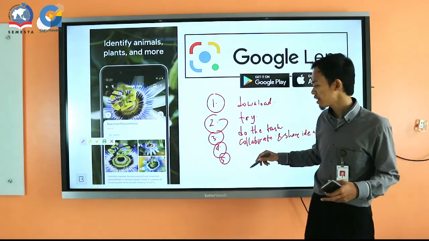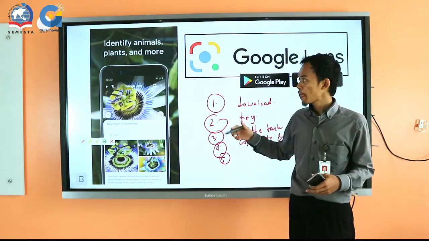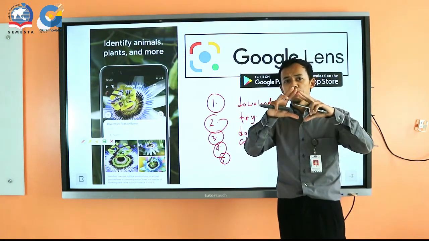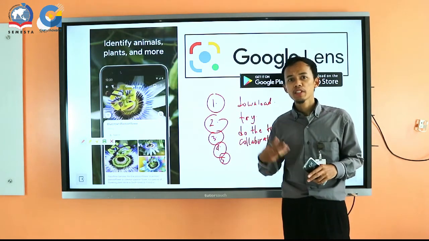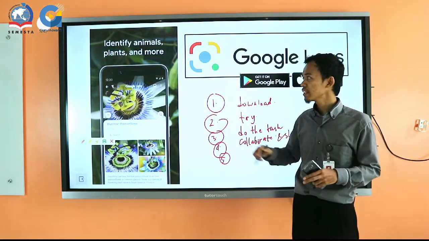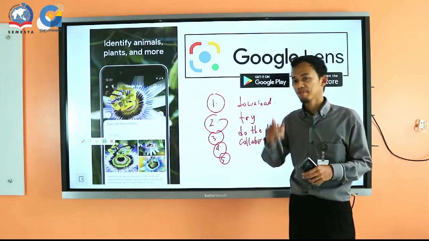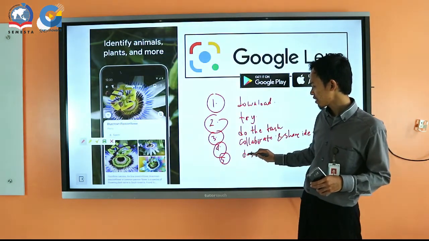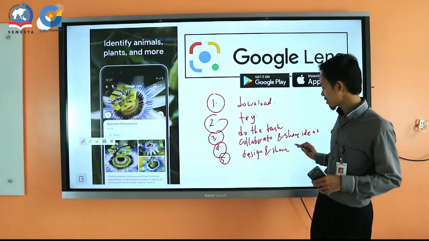Then next week, we discuss together, and please make a digital report like a brochure on Canva. You can try to make a brochure in Canva with a better, beautiful layout. Number 5, design and share to the class.